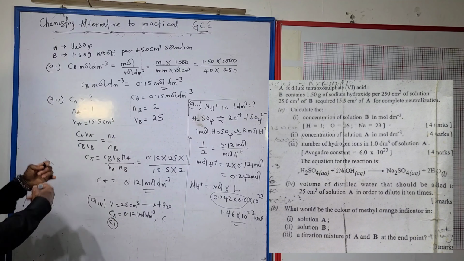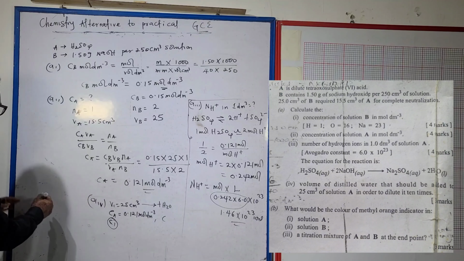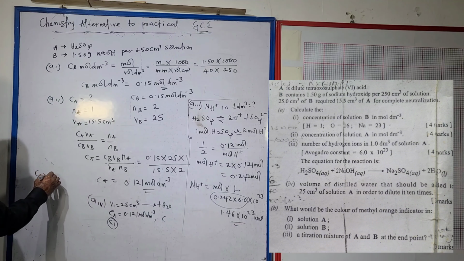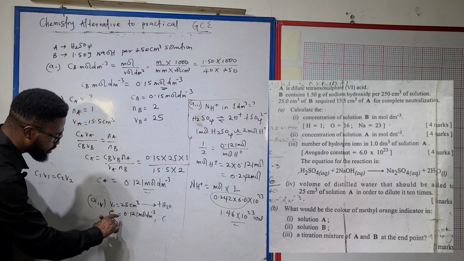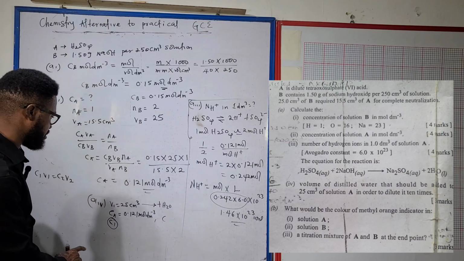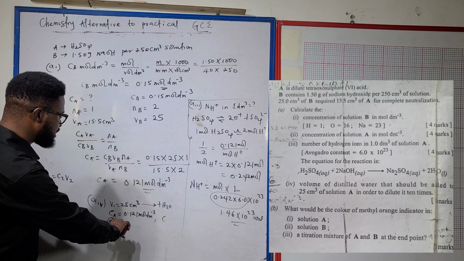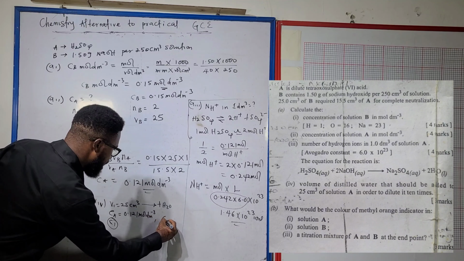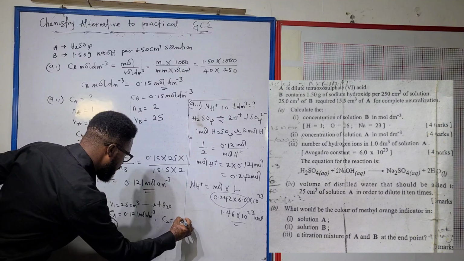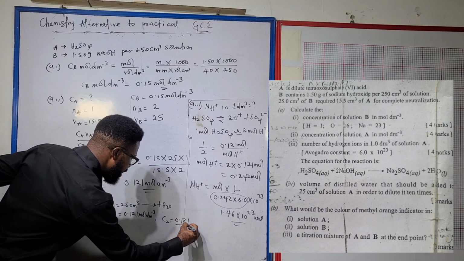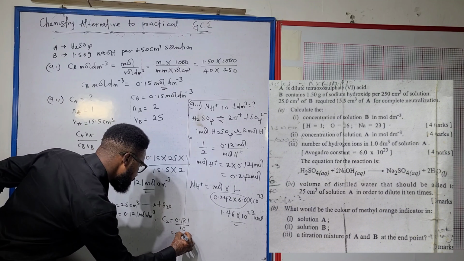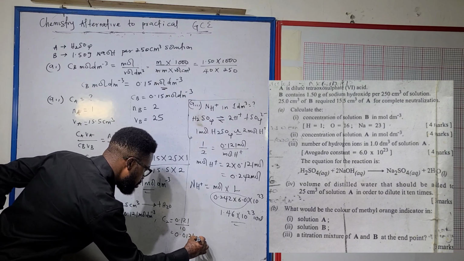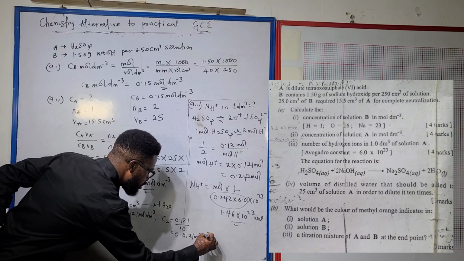Recall that in one of the contents I talked about the dilution law, where I said C1 V1 equals C2 V2. If I want to dilute this 10 times, my C2 is going to be 0.121 divided by 10, and that gives 0.0121 mole per dm cube.